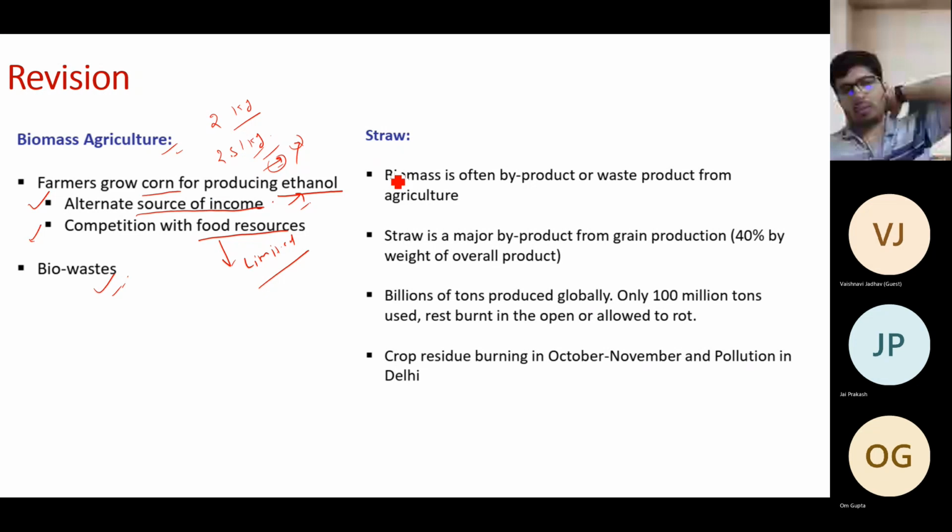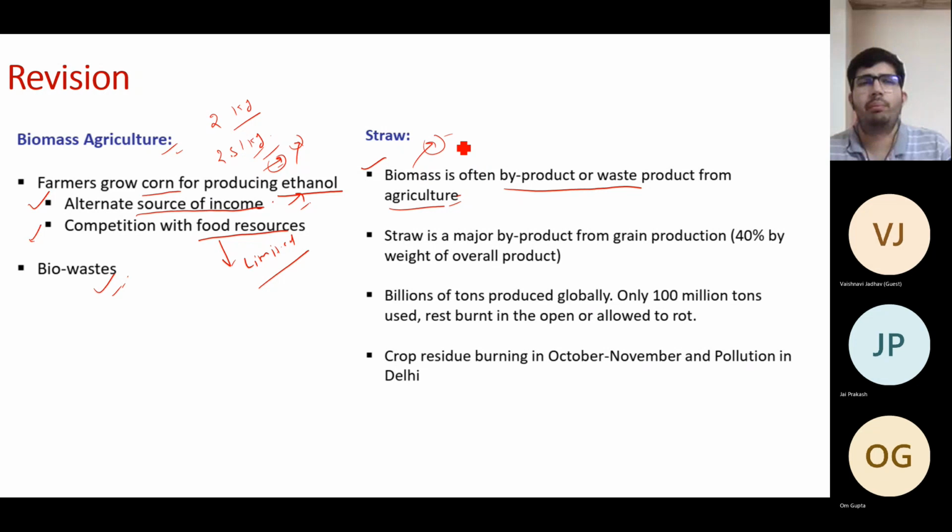Bio waste we can use. Straws: biomass is often a byproduct or waste product from agriculture. Whenever a crop is cultivated, the remaining part is biomass. That biomass can be used for various purposes like biogas, biofuels, etc. Straw is a major byproduct from grain production, about 40% by weight.